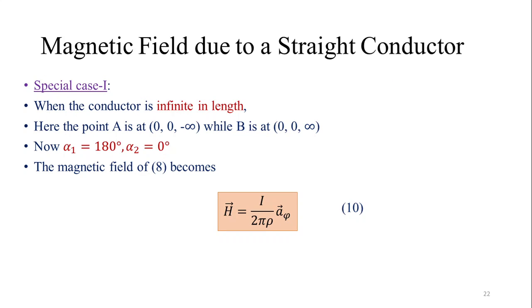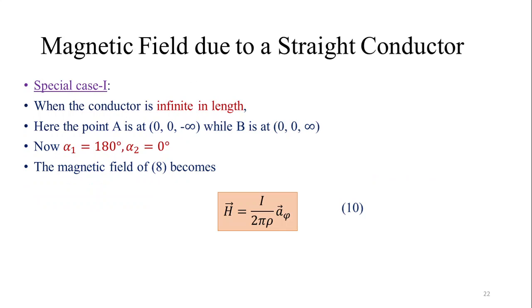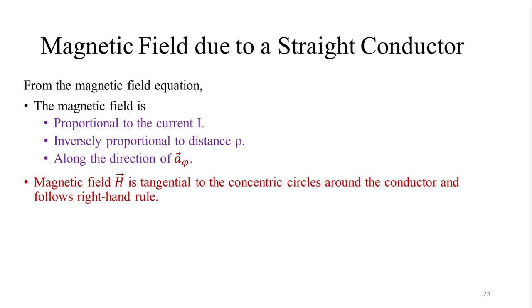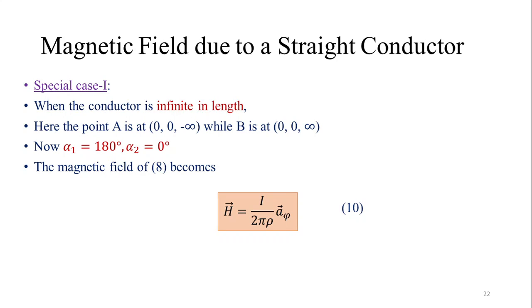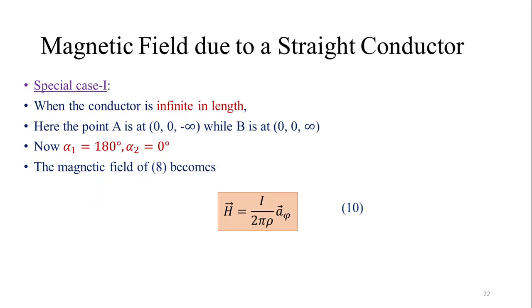And special case 2, the conductor is infinite in length, A will be at minus infinity, B will be at plus infinity. At that time alpha 1 is 180, alpha 2 is 0, so H vector will be I by 2 pi rho. From this equation you can tell the magnetic field is proportional to current, that is I, and inversely proportional to the distance rho, I mean the point-to-conductor distance is rho.